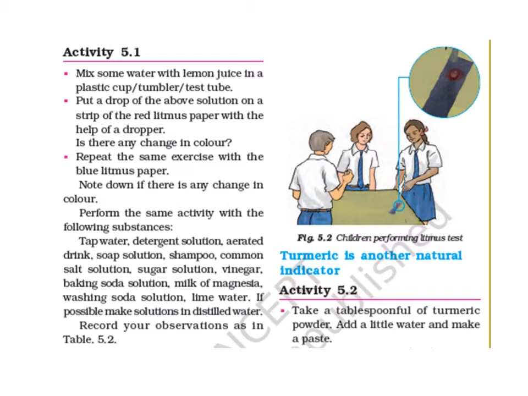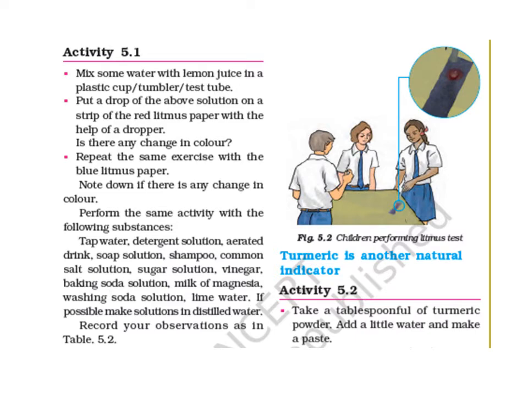In similar way, we will take another substance, that is sugar. So we will make the sugar solution, and also you can test simple water also. For sugar solution we will see here, put some drops of sugar solution on red litmus paper also and on the blue litmus paper also. What will you observe? There will be no change in red litmus paper also and blue litmus paper also.